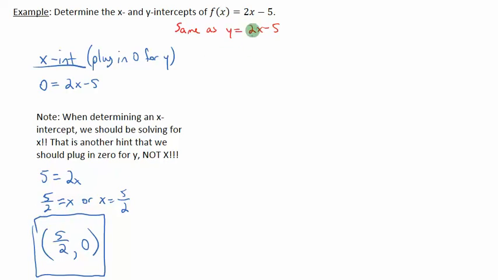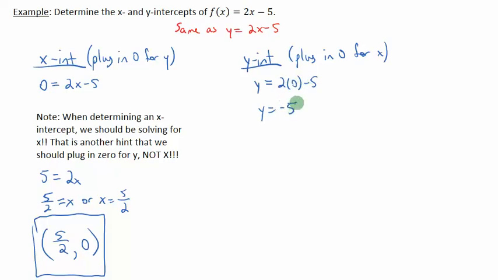Okay? Now let's look at the y-intercept. Here we plug in 0 for x, so we can solve for y. So I get y equals 2 times 0 minus 5. 2 times 0 is 0. 0 minus 5 is negative 5.